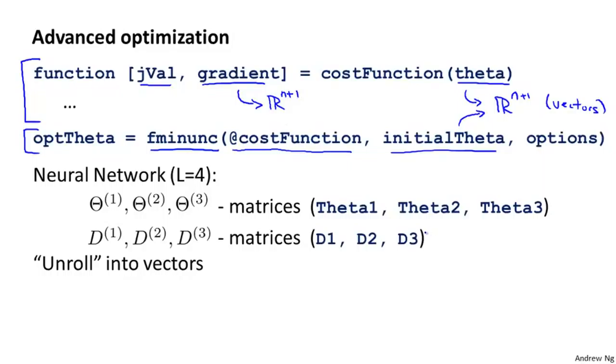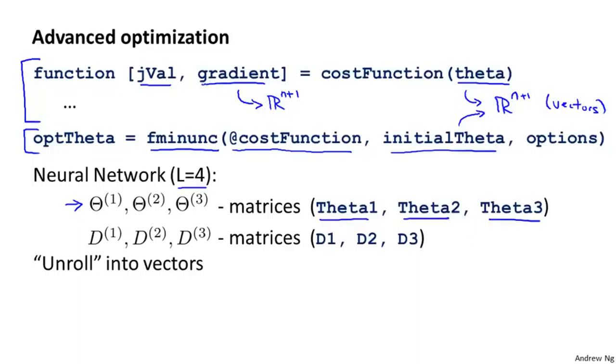This worked fine when we were using logistic regression, but now that we're using a neural network, our parameters are no longer vectors, but instead these matrices, where for a 4-layer neural network we would have parameter matrices Theta1, Theta2, Theta3 that we might represent in Octave as matrices Theta1, Theta2, Theta3.